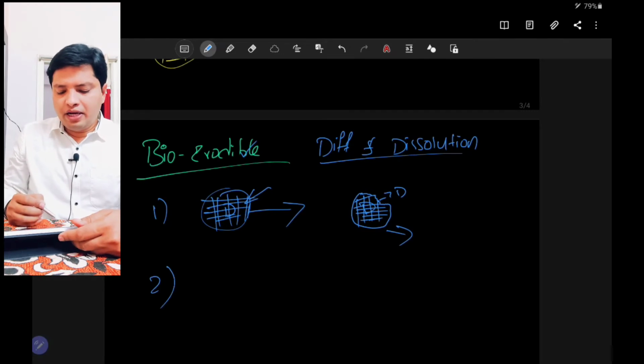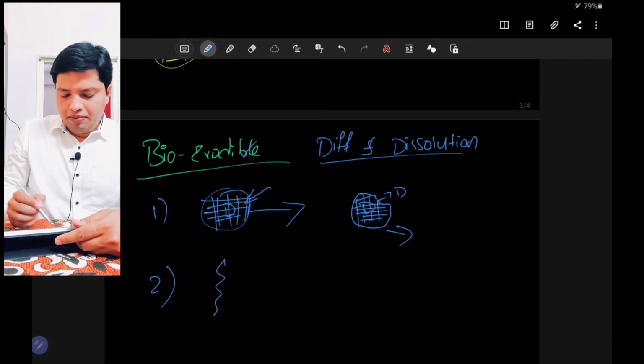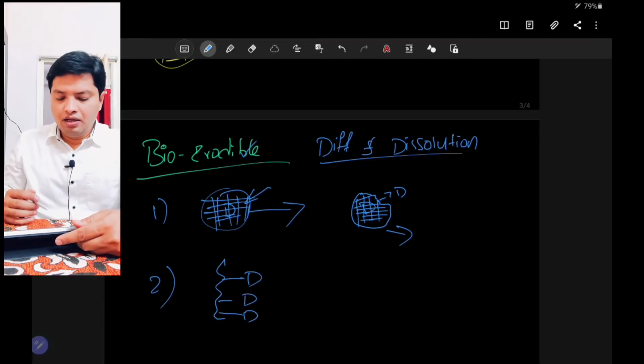In the second method, what we can do is take a polymer and make a complex of the polymer with the drug. The drug will be complexed here.